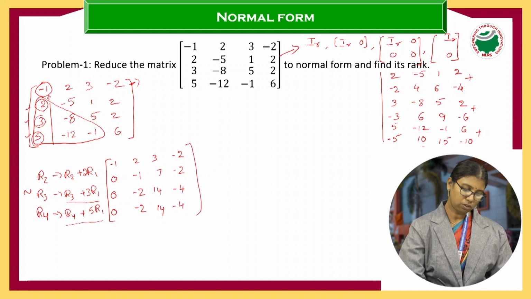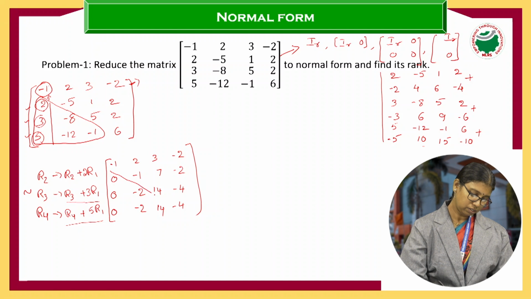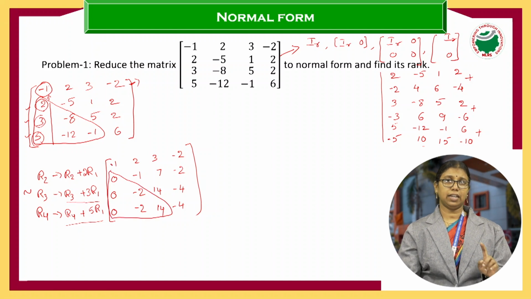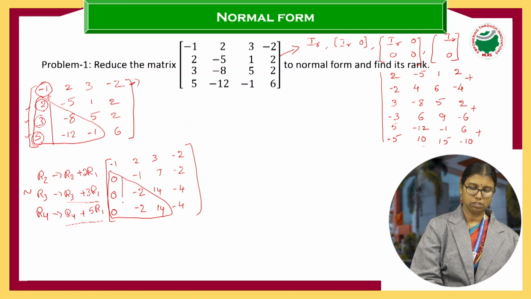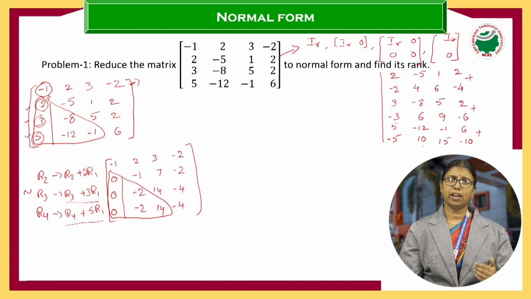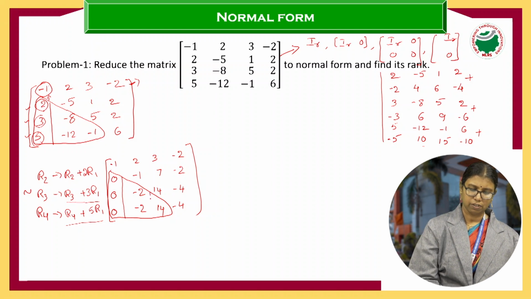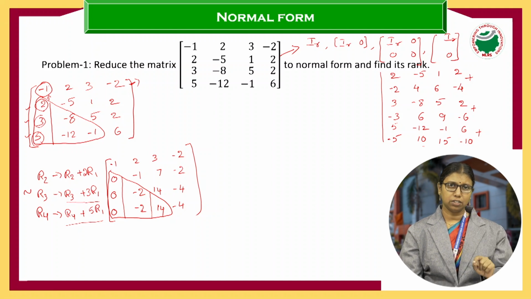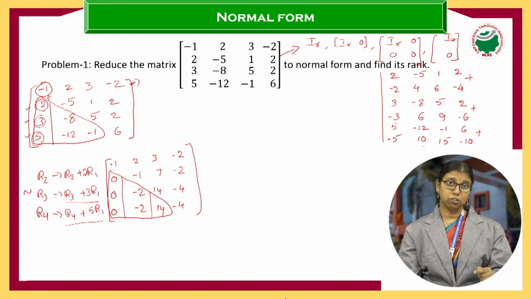So, first you represent the lower diagonal values. In lower diagonal values, at a time we converted the values which are in the first column to 0. Now, in the next step, you focus on the values which are in the second column. The values in the second column are minus 2, minus 2, so you have to convert these two values to 0. Which row can we use here?